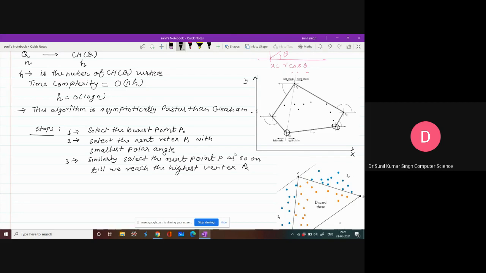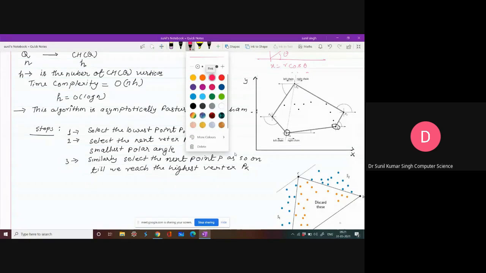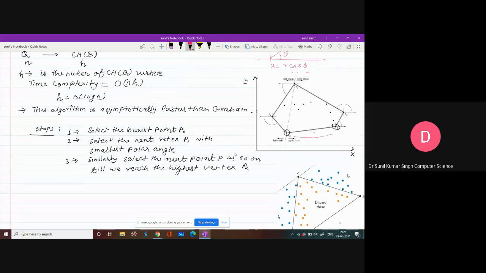So starting from P naught and reaching the highest point, let's say Pk, this is the formation of the right chain. It can be seen like this: you started from here and reached this point.